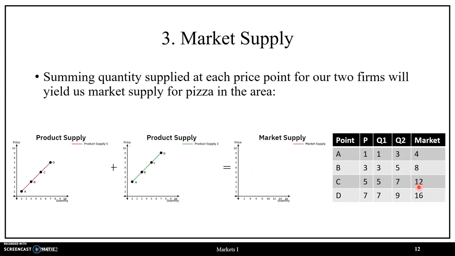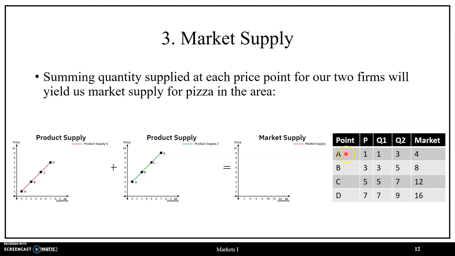Then turning back to how market supply is constructed, it is done by summing quantities supplied at each price point for our 2 firms, in this case locations of restaurants for this restaurant owner, and this will generate us market supply for pizza in the area. So for a given price point, we sum quantity supplied for product supply 1 and product supply 2, and this will generate us a point on our market supply curve, where all points will be the market supply curve.